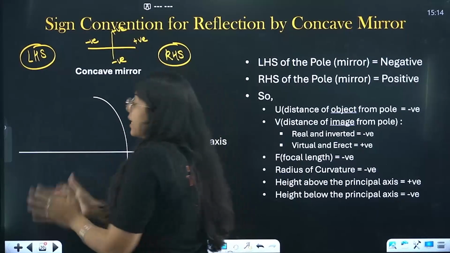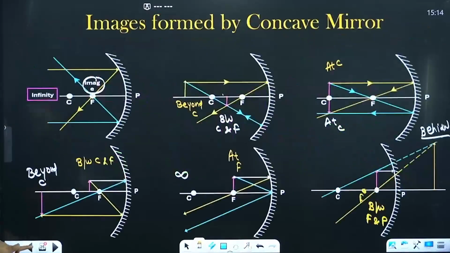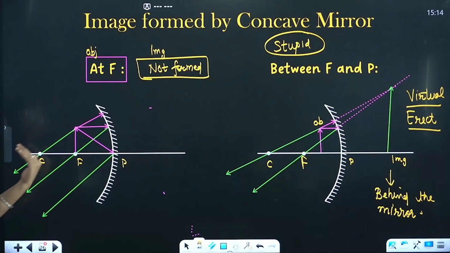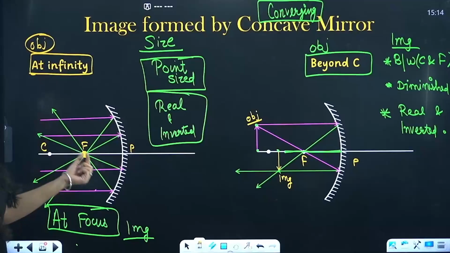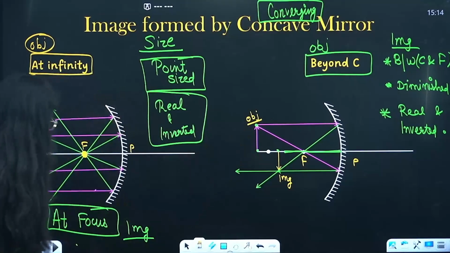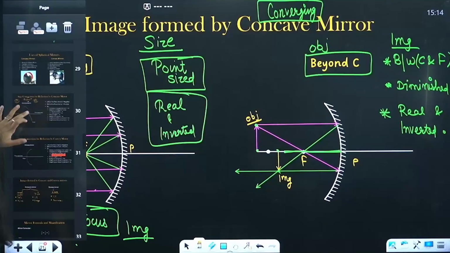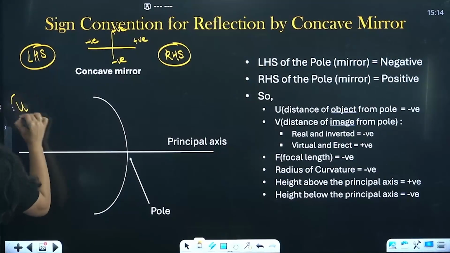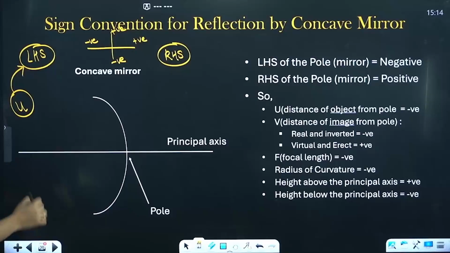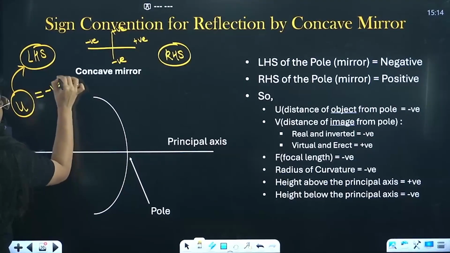will be taken as negative. So we always took u. If you see, we always took the object on the left hand side of the mirror. Look at the object. We always took the object on the left hand side of the mirror, right? That means the object distance will always be on the left hand side of the mirror, and since it is on the left hand side, it will always be negative.